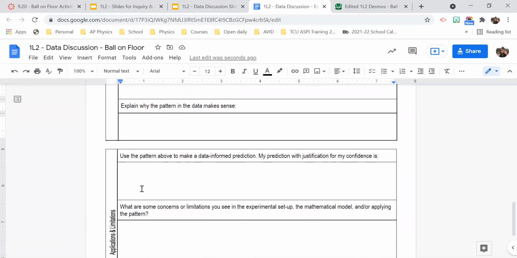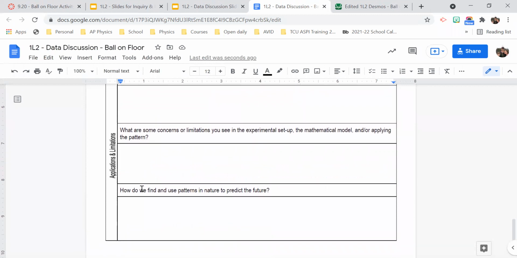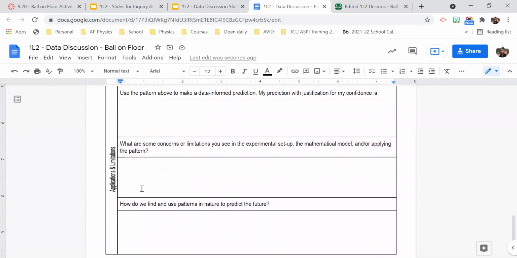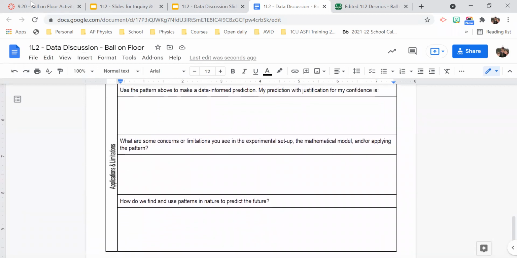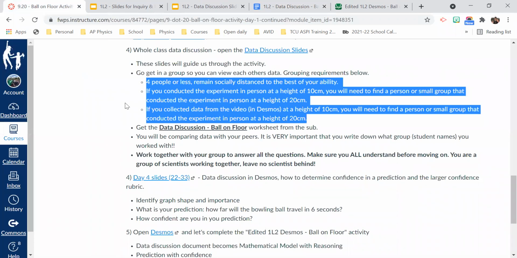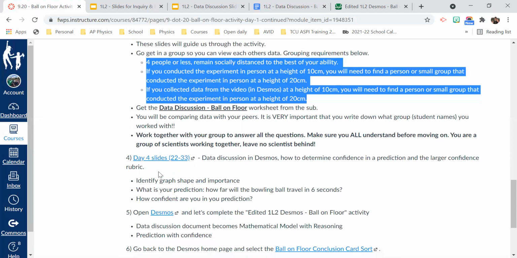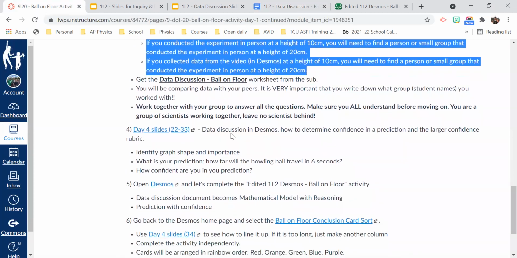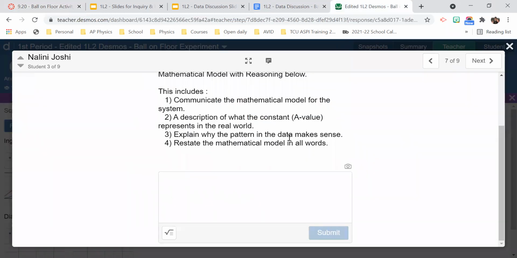Okay. So the next portion is all about your confidence and your justification. So if we come back, you should have the data discussion done. And you can, if you would like, insert that information into your Desmos. Once you fine tune it and come up with a consensus, you can check with other people in class if they got a similar thing.